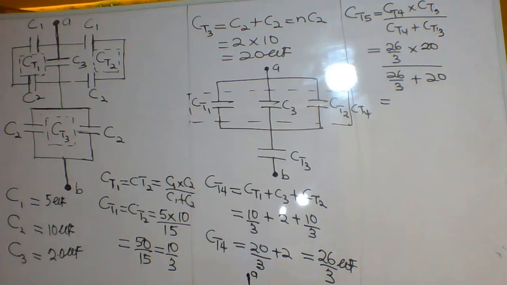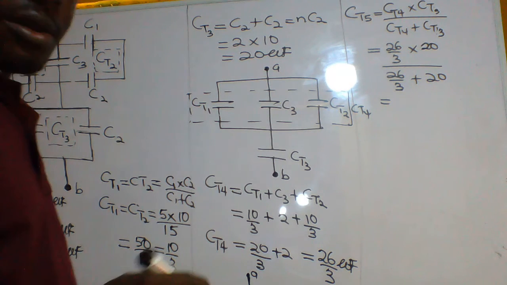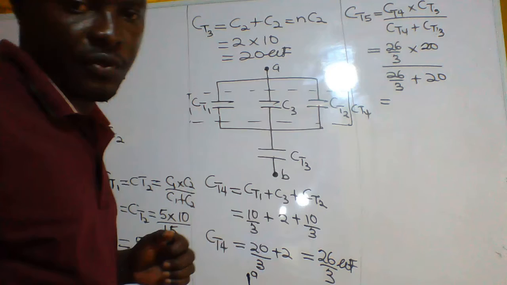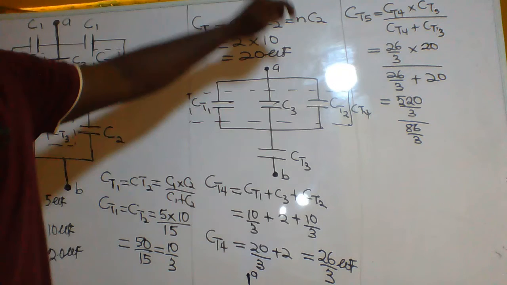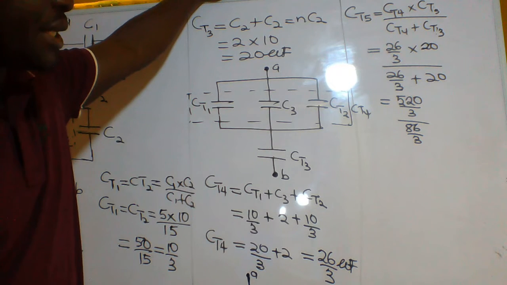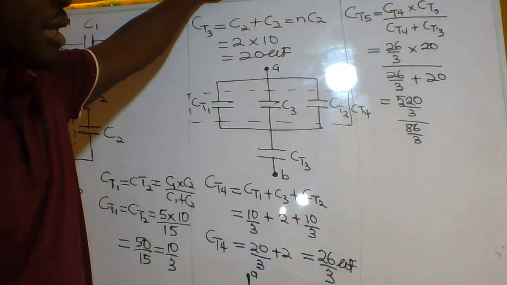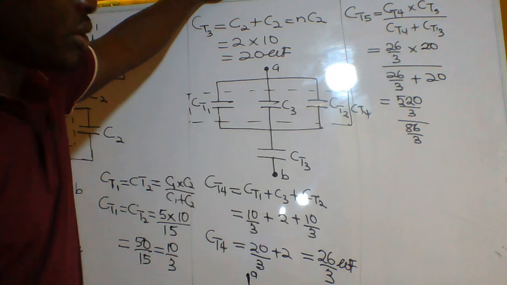At the numerator, what is 26 times 20? Giving us 520. So the numerator we have 520 on 3, and the denominator is 86 on 3.